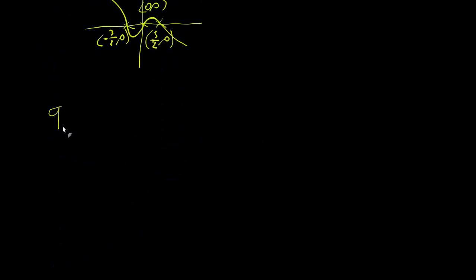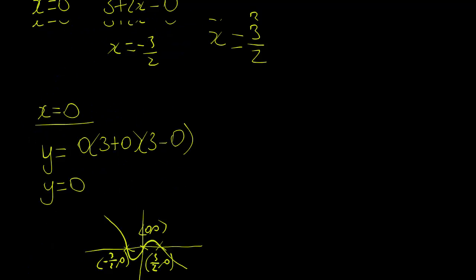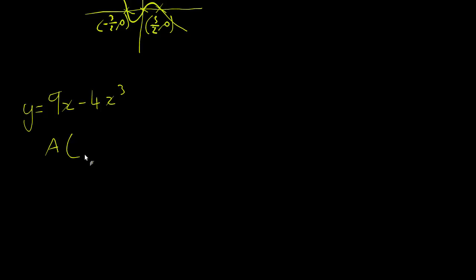Write that out again, 9x minus 4x cubed. That's going to be our y equals, and at A we have x is minus 2 and at B it's 1.